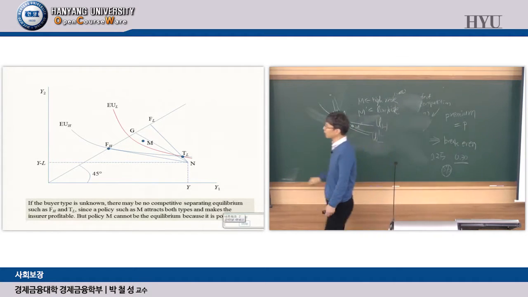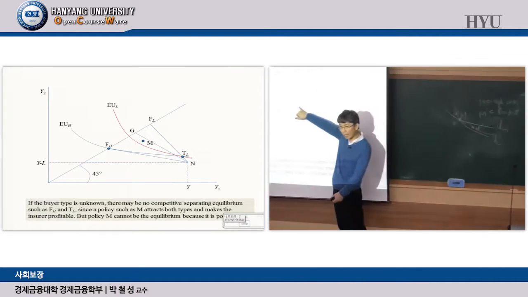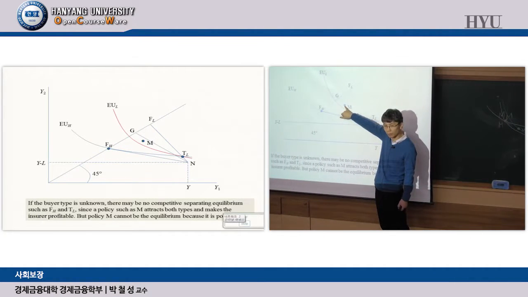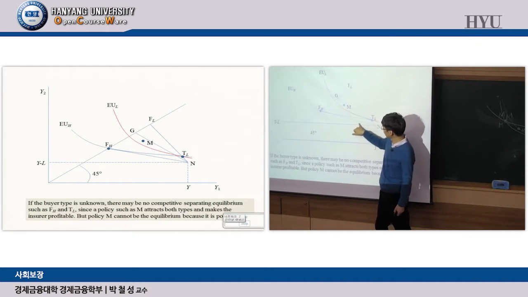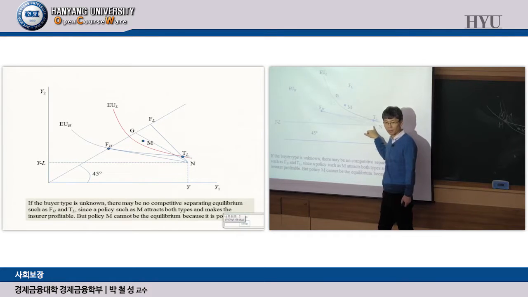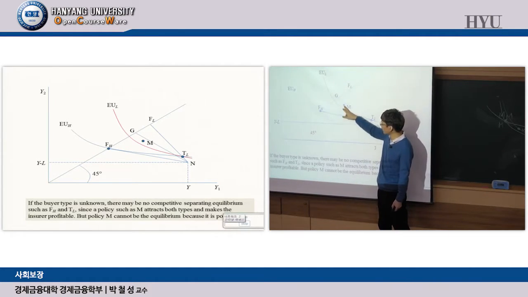If you sell M to high risk types, you will lose money. This is the probability for high risk types. You are selling M to high risk types too cheap.